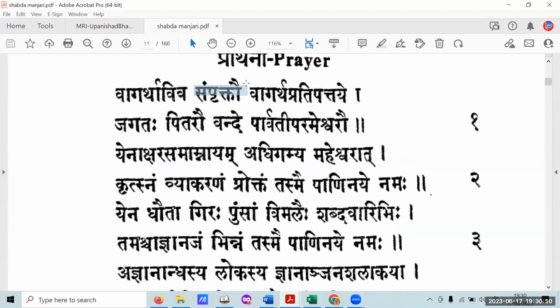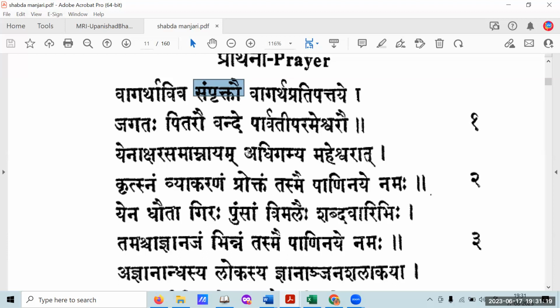You know what sampriktau is? Prikta is kta pratyaya, kind of together, attached. I don't know exactly what the dhatu is here, some plus prik or pricha, but we have to look at it. Vagartha pratipattaye jagatah pitarau vande Parvati Parameshwarau. We've seen the meaning before that.